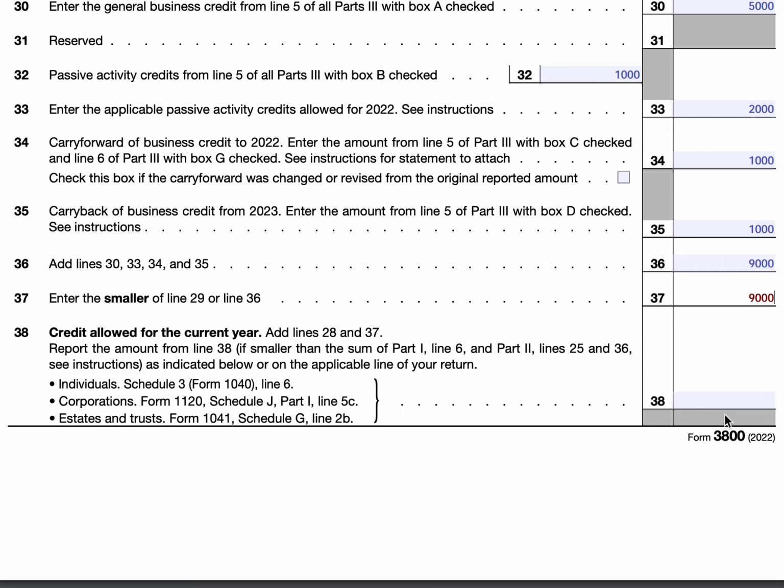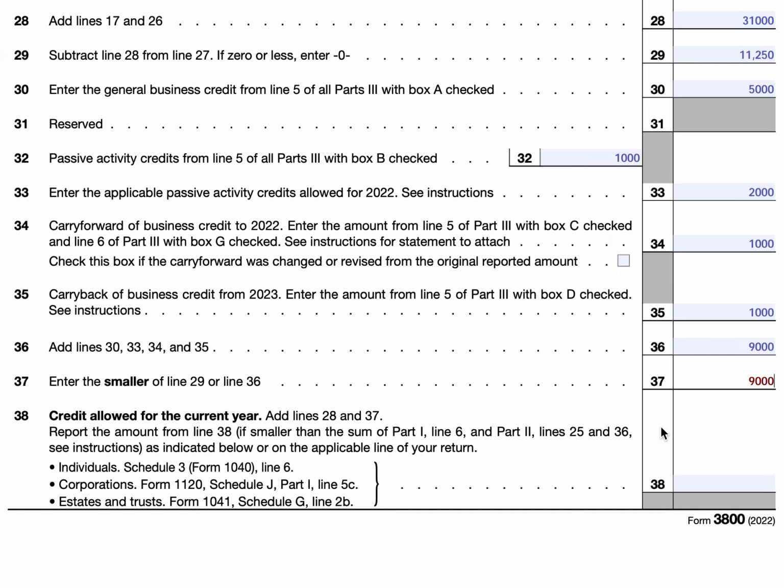So we'll add lines 28 and 37. So 28 is $31,000. 37 is $9,000. So we are allowed to claim a credit of up to $40,000 for the current year.